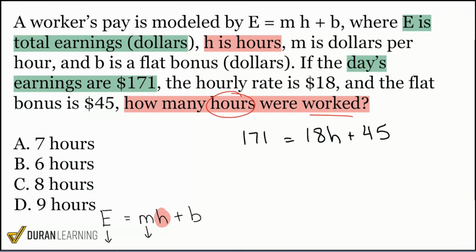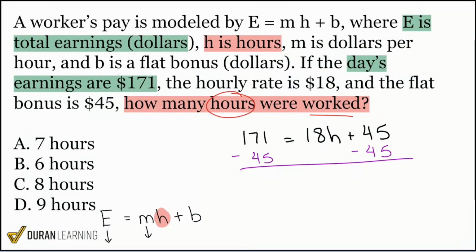And let's solve, because we're trying to get the H by itself. And to get H by itself, we have to get rid of the 18 and we have to get rid of the 45. What's happening currently with the 45? That's plus 45. To get rid of the 45, we're going to subtract it from both sides. So we'll have that over here, minus 45, and then minus 45.